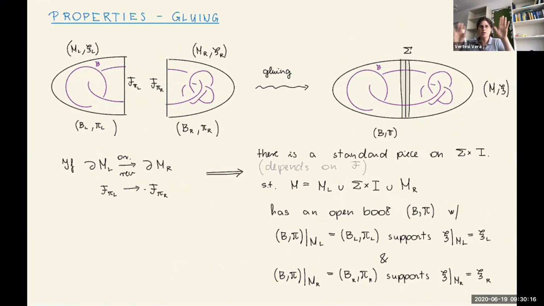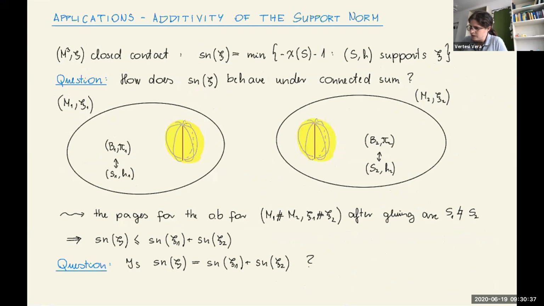So if someone gives you two foliated open books which happen to have the same foliation on their boundary, you can glue them together, you just have to insert this standard piece which removes the canceling pair of critical points. And then this cutting and gluing can be used to prove the additivity of the support norm for contact structures.